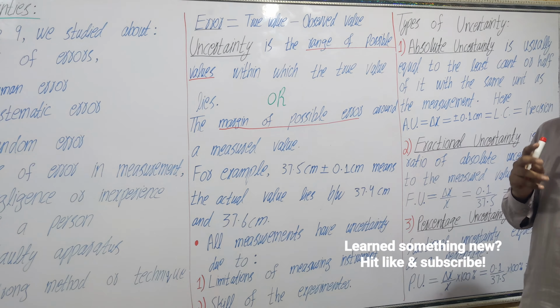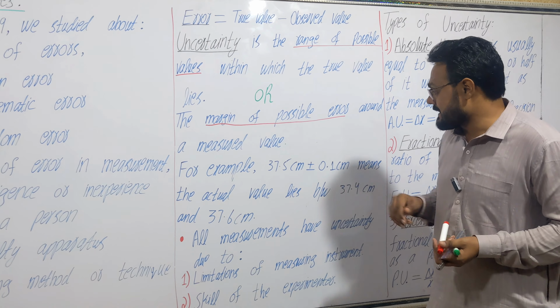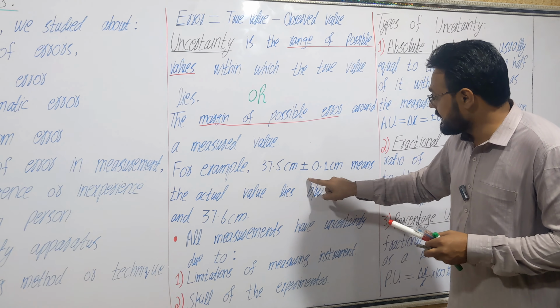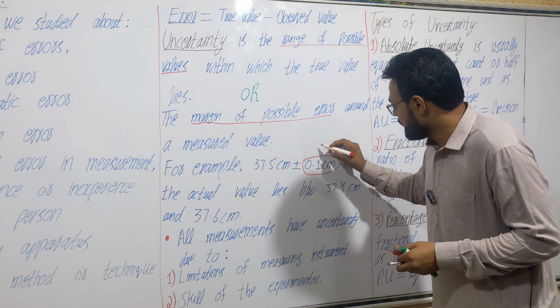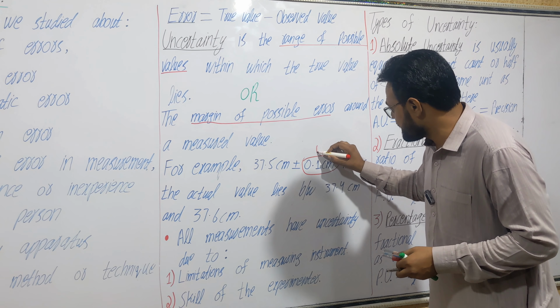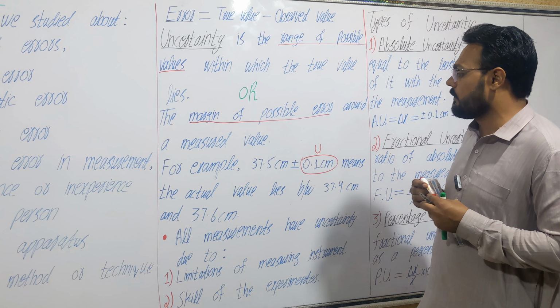Now, for example, in this example, after plus minus, this is the uncertainty, plus minus 0.1, and this is the measured value.